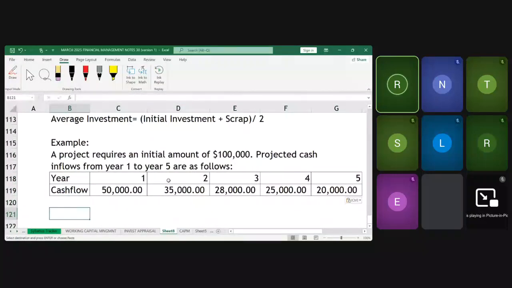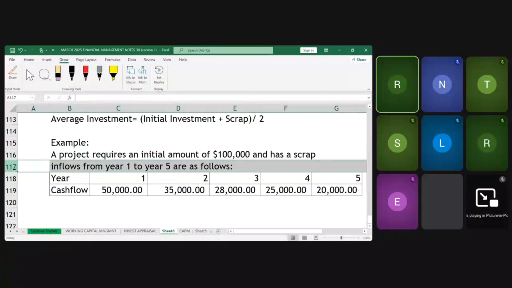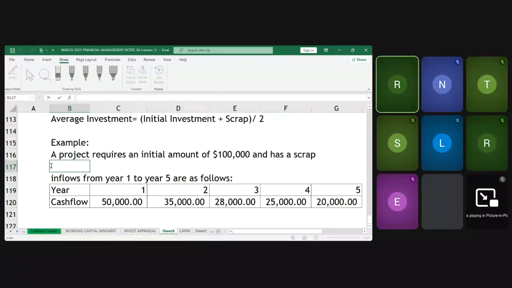So a project requires an initial investment of 100,000 and has a scrap value of 5,000 after 5 years.